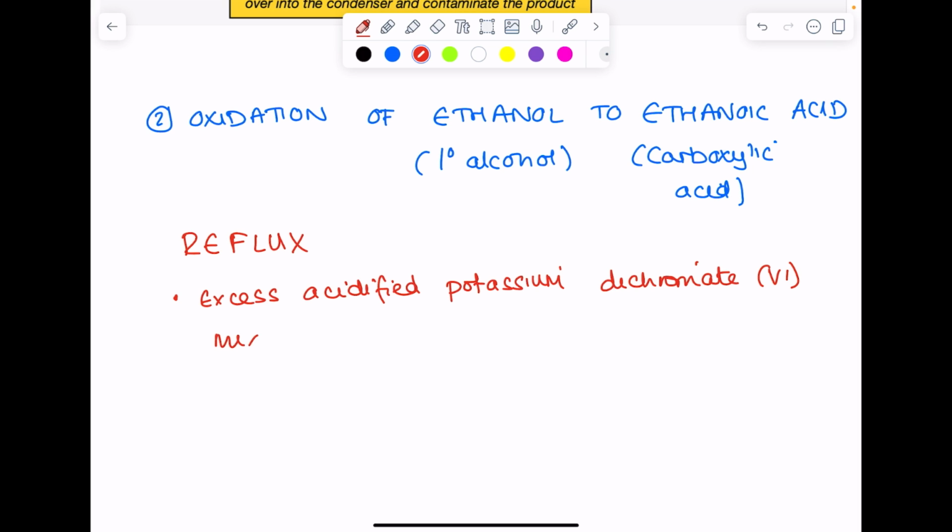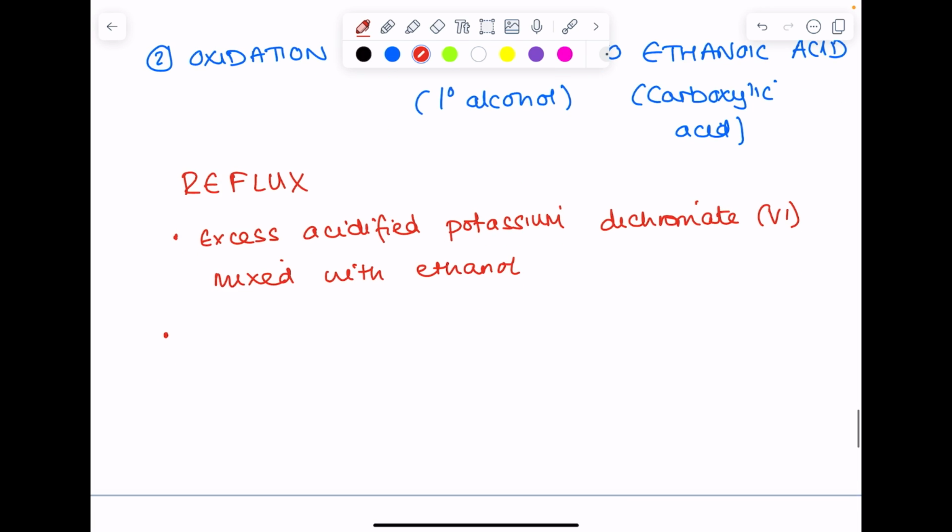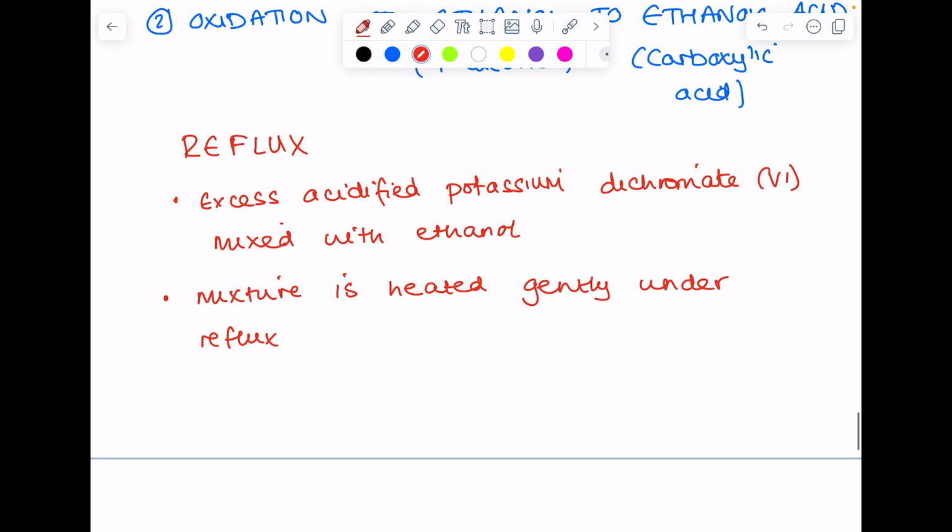And that's going to be mixed with the ethanol. The method point you need to be aware of is that this mixture is heated gently under reflux. But what does this heating under reflux really mean? Heating under reflux basically means that none of that ethanol that's produced escapes. It's effectively forced to stay within the round bottom flask until all of it is oxidized to form ethanoic acid.